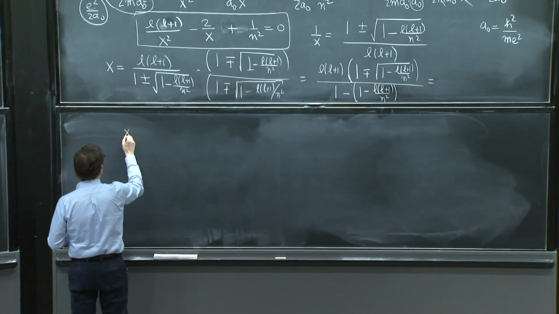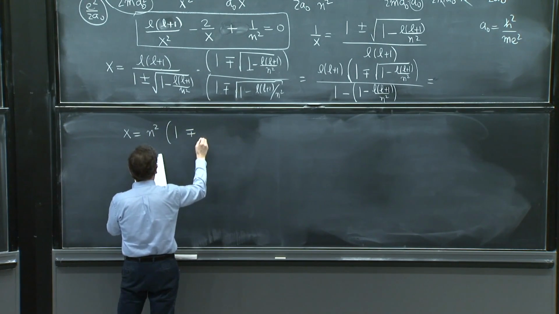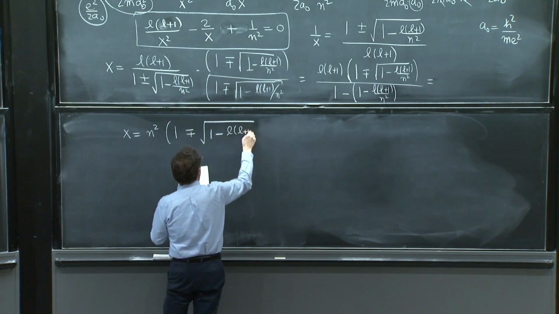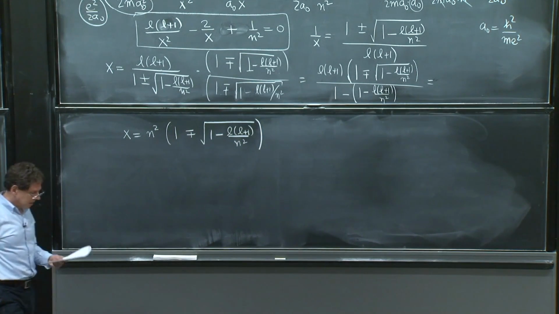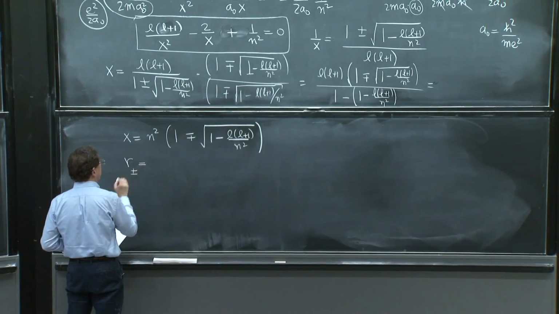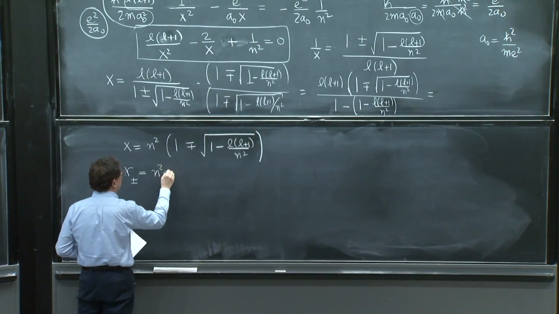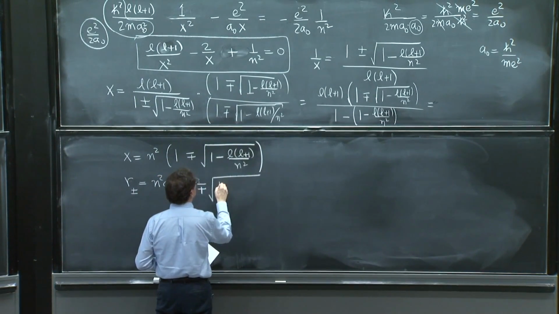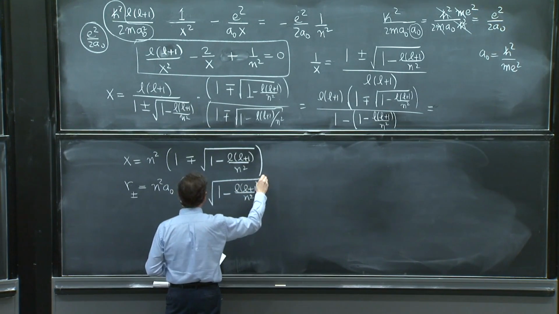The formula is x is equal to n squared, 1 minus plus the square root of 1 minus L times L plus 1 over n squared. So if we wish, r plus minus is x multiplied by a naught, so it's n squared a naught, 1 minus plus the square root of 1 minus L times L plus 1 over n squared.